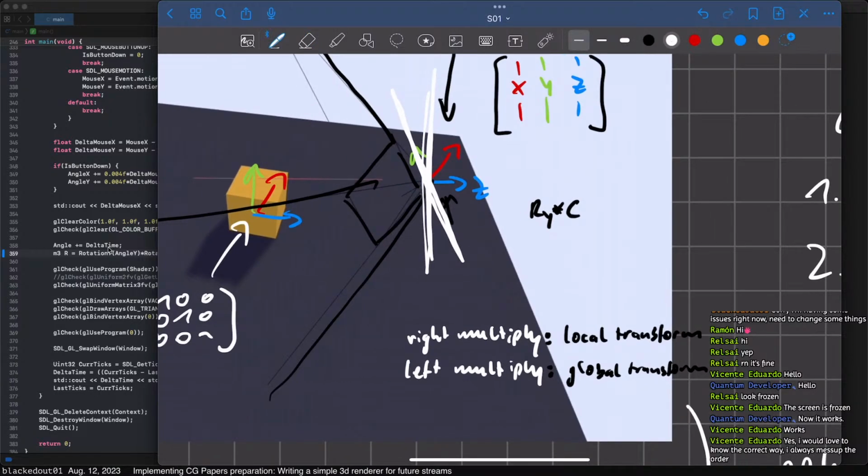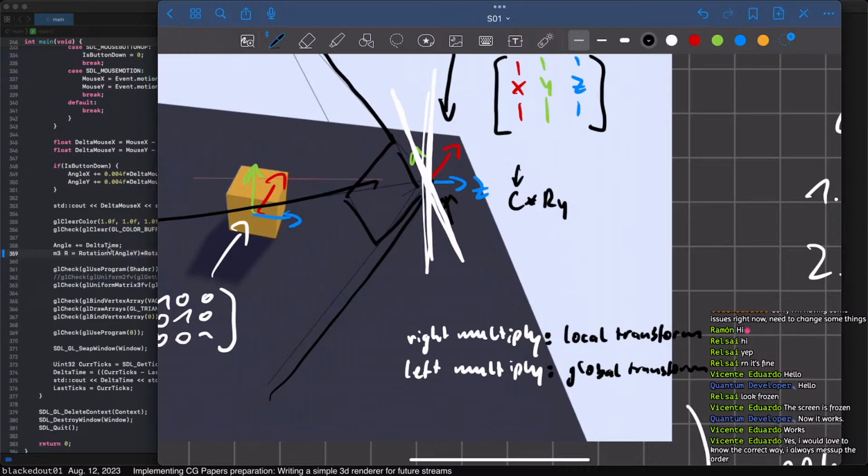Because if we multiply this from the left, then this matrix was already applied. So everything is already in global coordinates. You can think of it this way. So then this, of course, just rotates around the global coordinates. However, if we multiply this from the right, then this matrix was not applied.